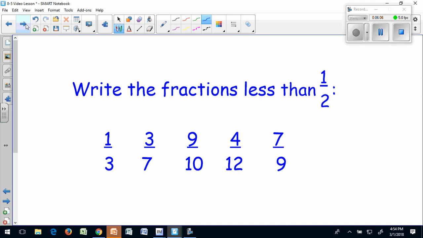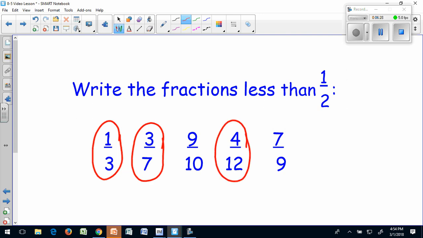For the next problem in your notebook, write down all the fractions from this list that are less than 1/2. Pause the video while you do so. You should have 1/3, 3/7, and 4/12 circled.